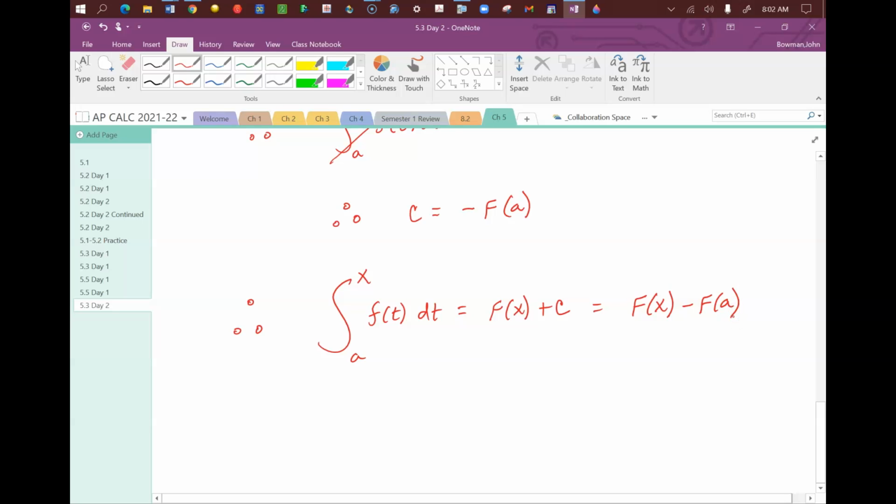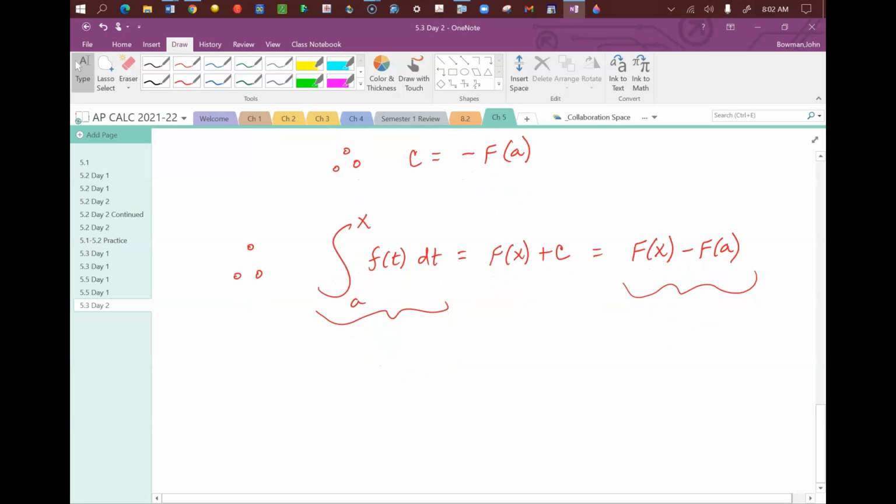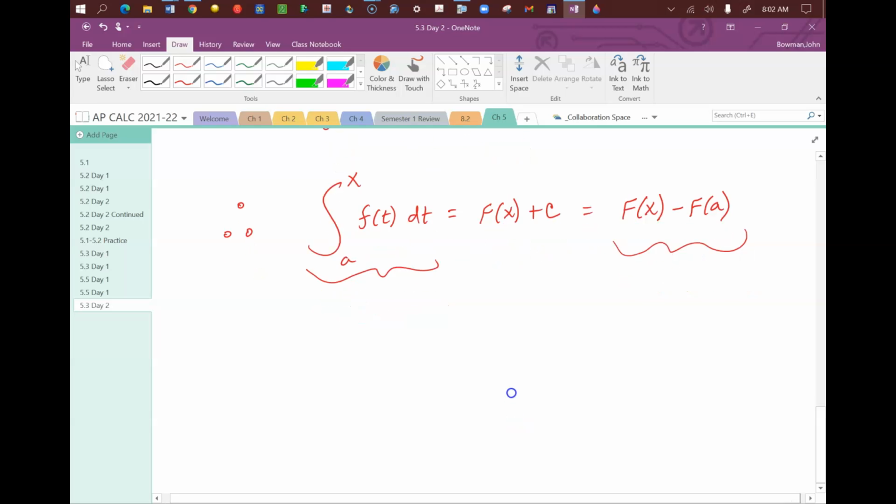Why is that important? Because we just showed if we want to integrate a function from any lower bound a to any upper bound x, we can take its antiderivative at x and evaluate that, take its antiderivative at a and evaluate that, and take the difference of those two values, and we have the integral.